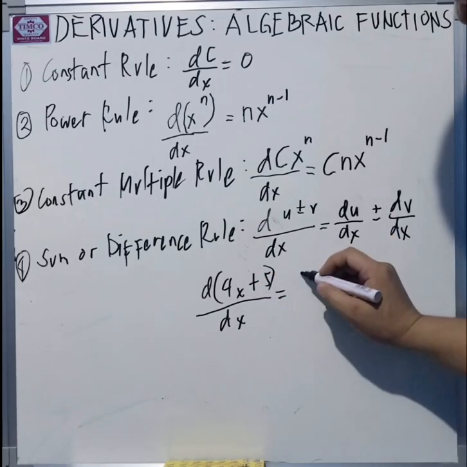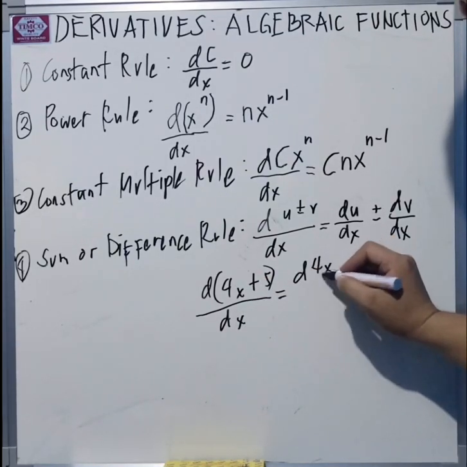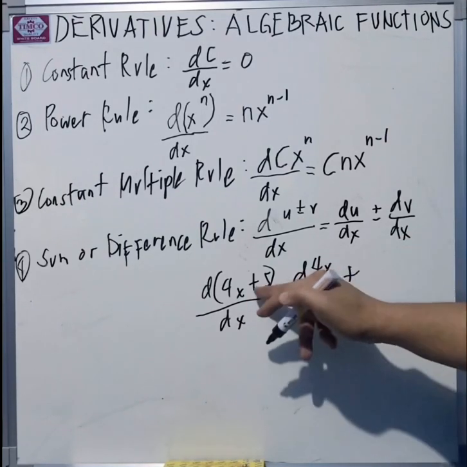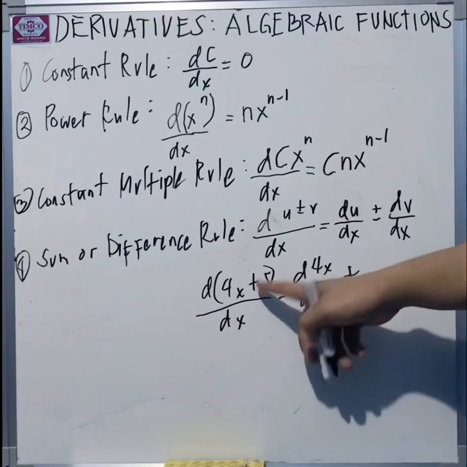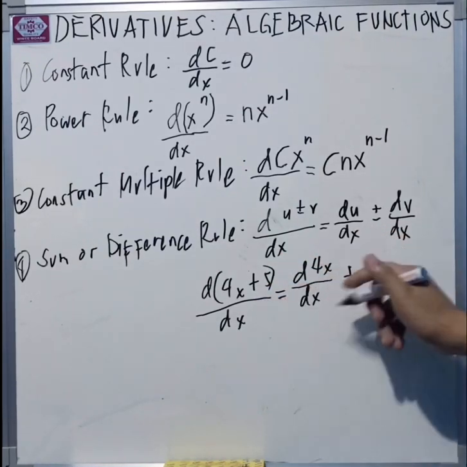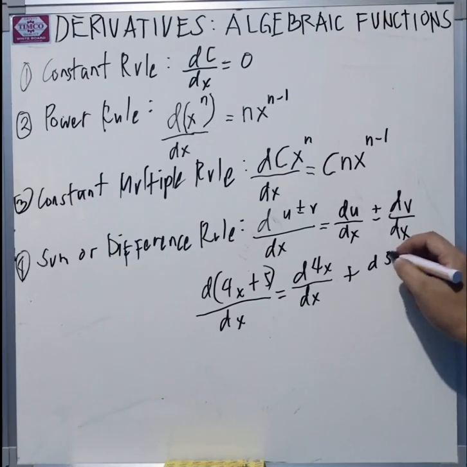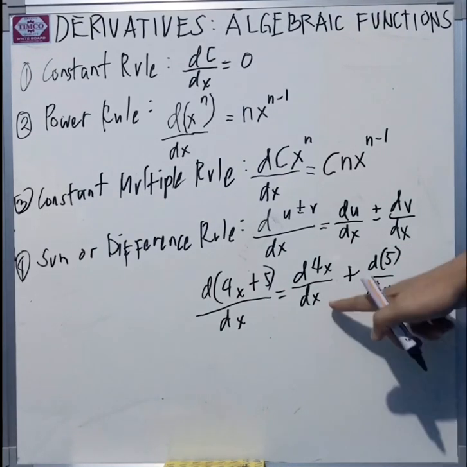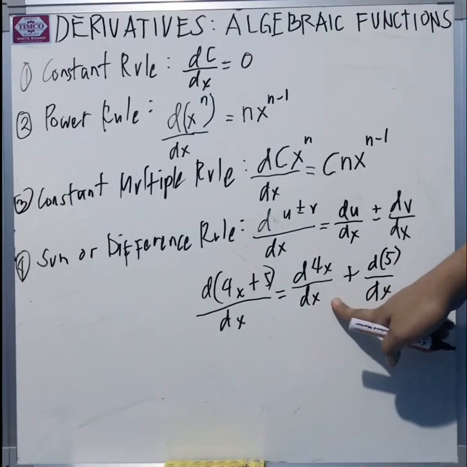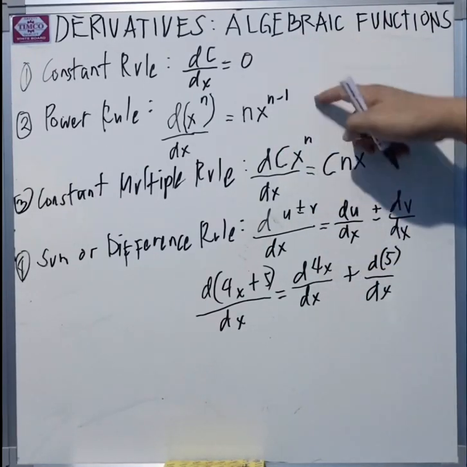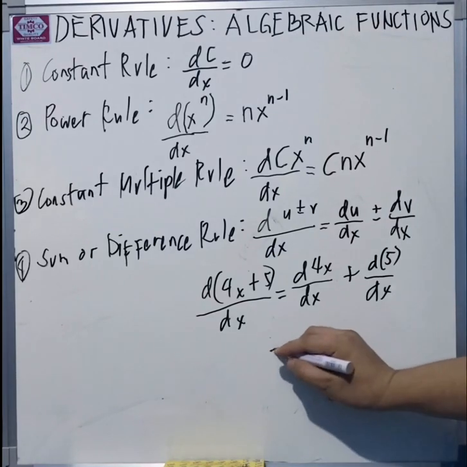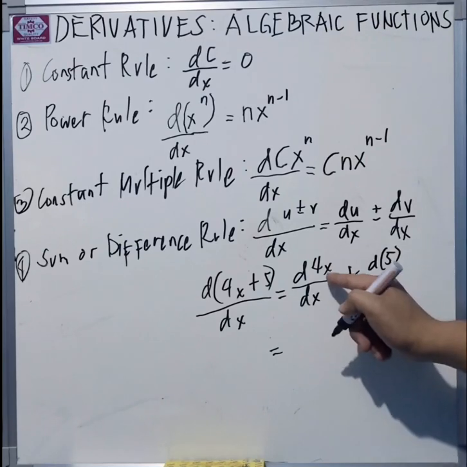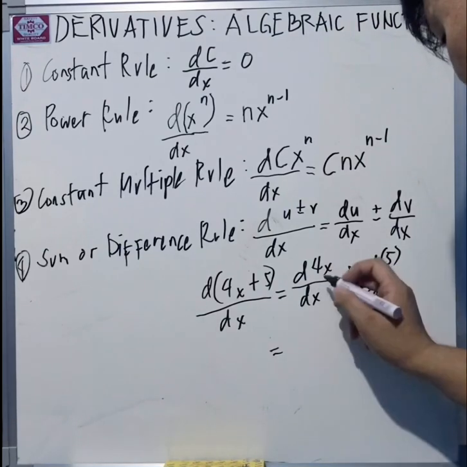We have the derivative of 4x with respect to dx, plus, because addition siya, so plus ang gagamitin natin, plus the derivative of 5 with respect to dx. And then, seeing this one, we are going to apply any of the previous rules. In finding the derivative of a power rule, we have a 1 there, so we have to find the derivative of that.